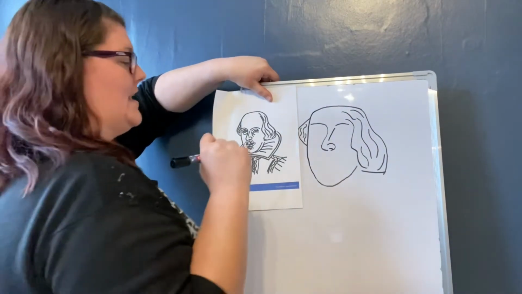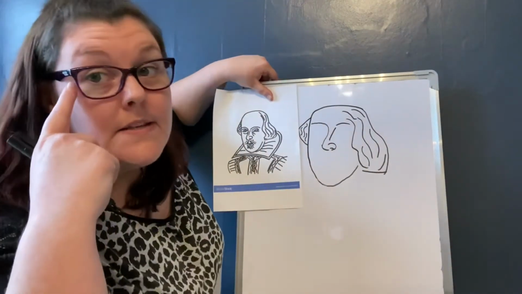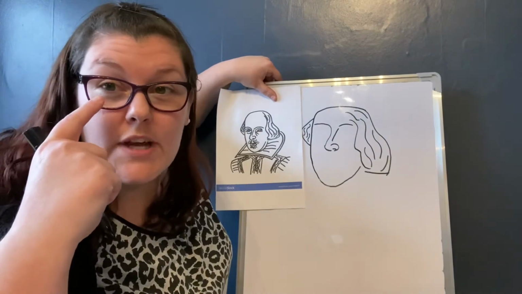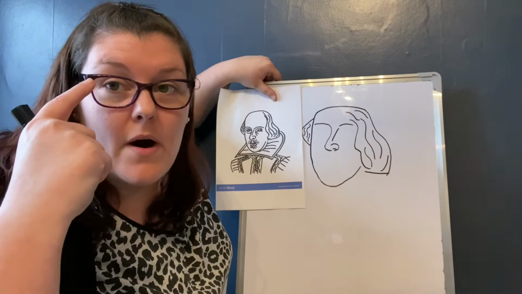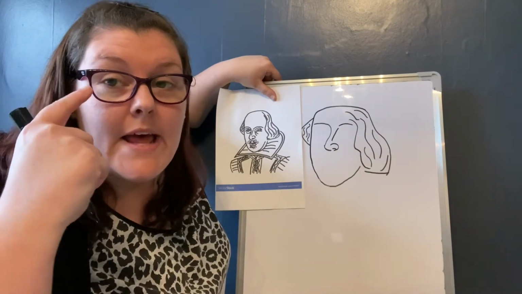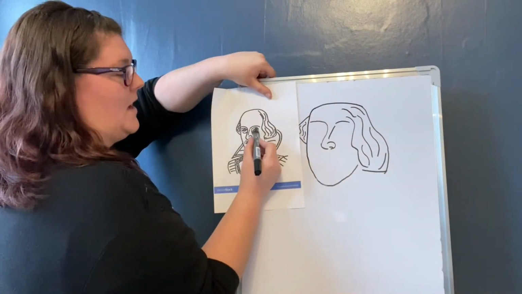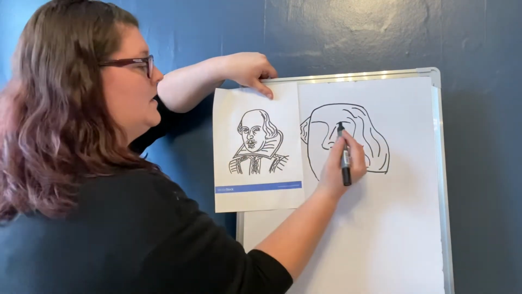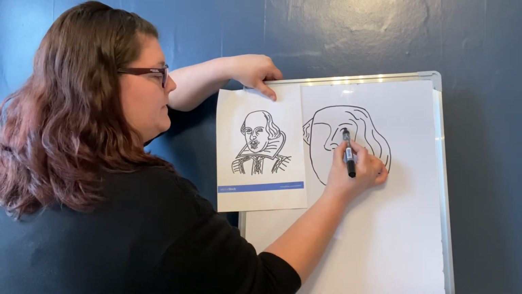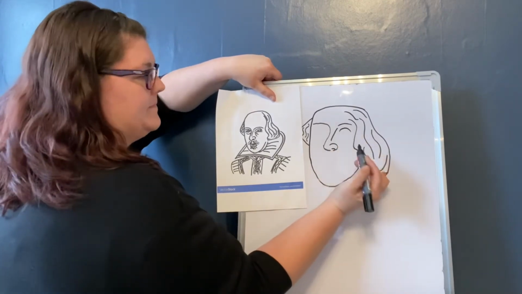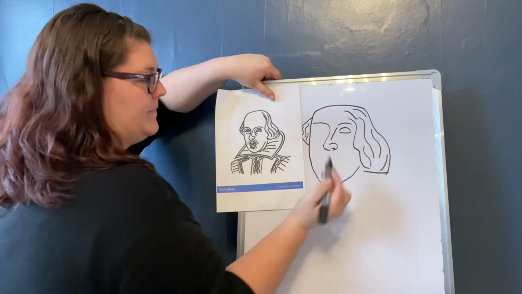Now let's try his eyes. So if we look at our eyes, they're not just a circle shape, are they? They've got like a top eyelid and a bottom eyelid, and then we've got our eye in the middle. So that's what these bits are here, his eyelids. So on this side, I'm going to do a curved line up and then a straighter line at the bottom.